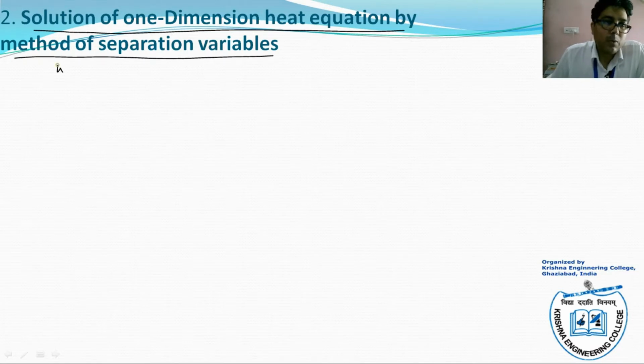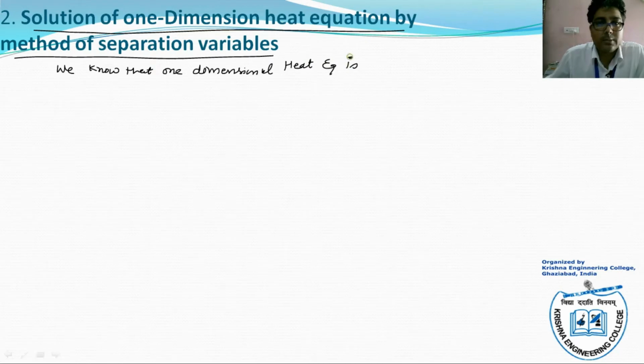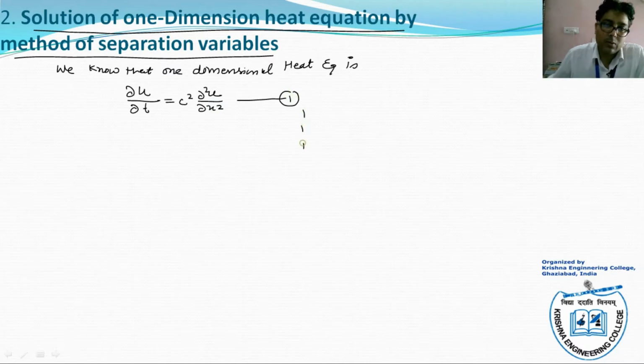Clear? We know that one dimensional heat equation is del u over del t is equal to c square del square u over del x square. Clear? This is the one dimensional heat equation. Now for the better use of the space, we divide this page into two parts. Now we find the solution with the help of the method of separation of variables.